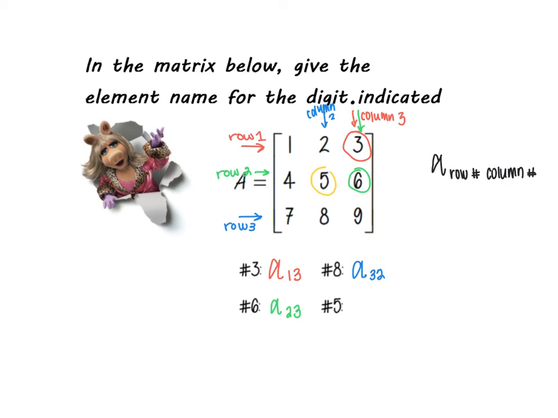Try this last one, so try to name the element name for number 5. So hopefully for this last one, you started with an A. You see that it's in row 2, and it's in column 2, so A22.